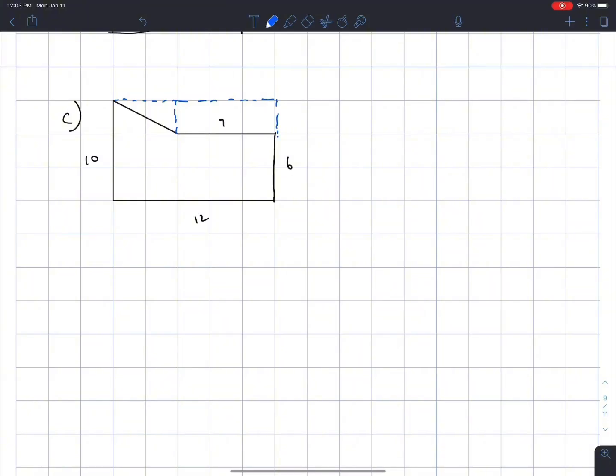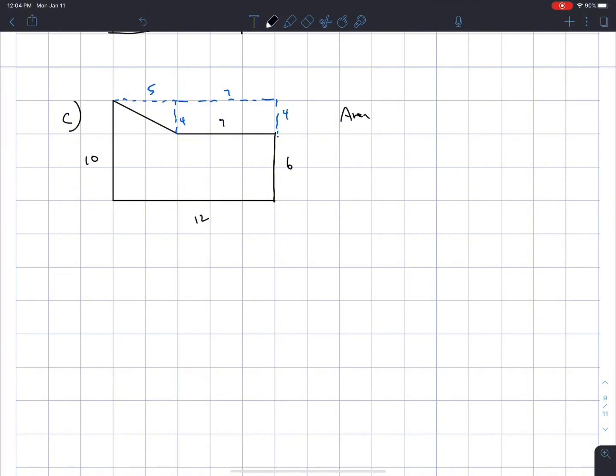So we have a rectangle and a triangle that I need to subtract. If this is 10 and this is 6, this must be 4, because 4 plus 6 is 10. If this is 12 and this is 7, then this must be a 5. And of course, this will also be 4, and this will also be 7.